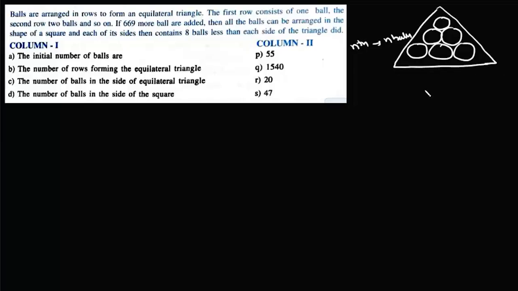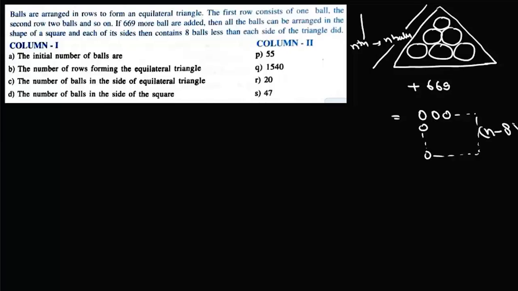Now it says if we add 669 balls, then we can form a square, and each of its sides contains 8 balls less than each side of the triangle did. So if there are n balls in the sides of the triangle, in this square there will be n minus 8 balls in any one side.